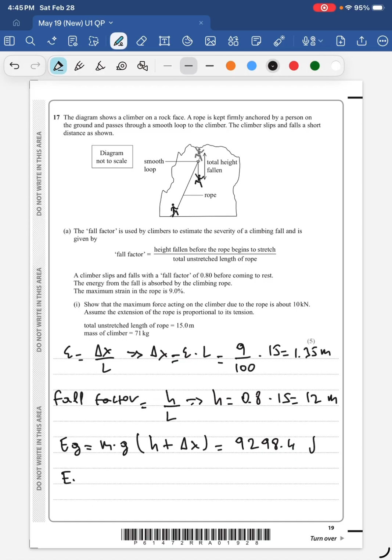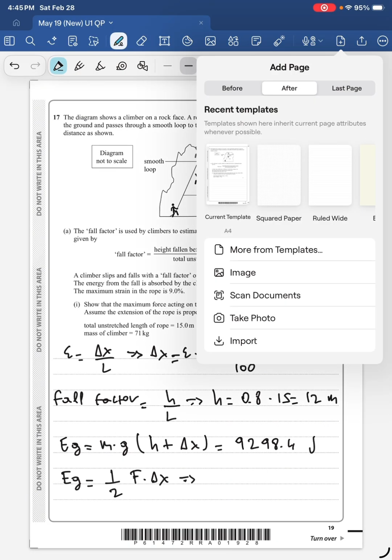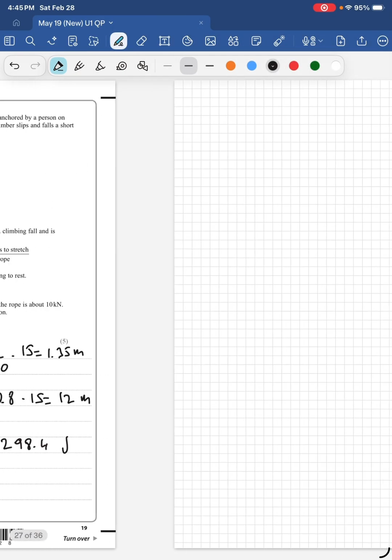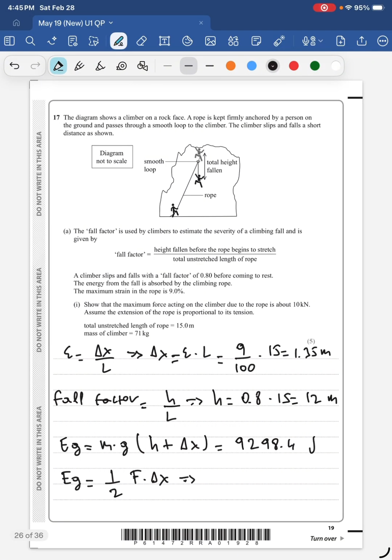So this energy turns into elastic energy, which is 1/2 F, the tension that we are trying to find, times delta x. So we have all this gravitational energy that has to be converted into elastic energy in the rope, and elastic energy is given by 1/2 times the force times delta x.